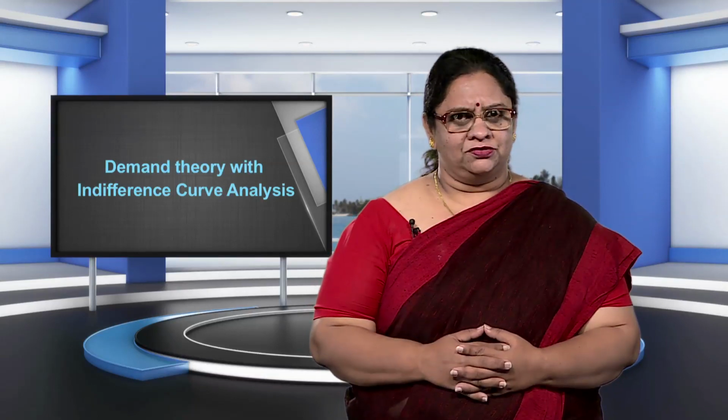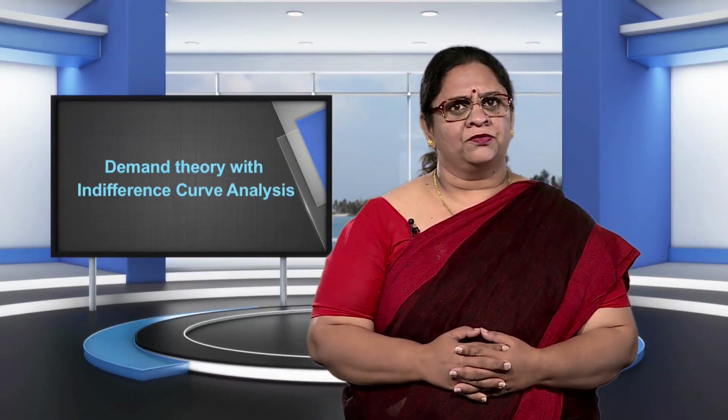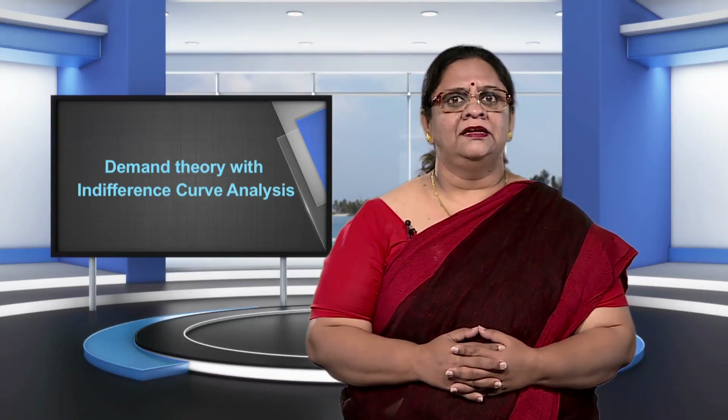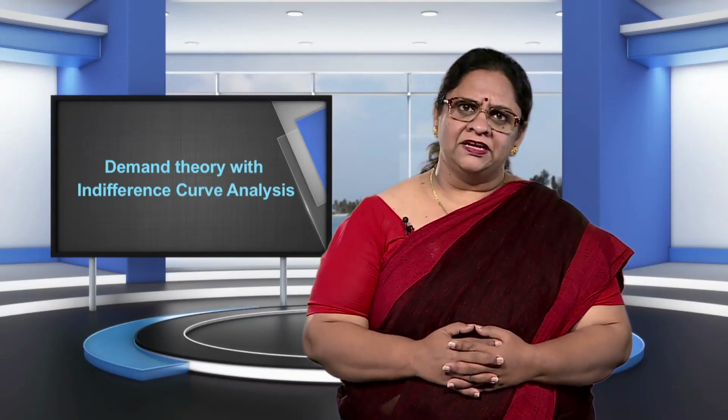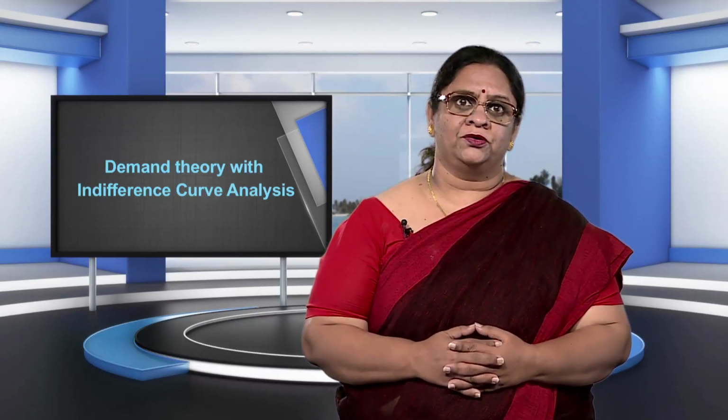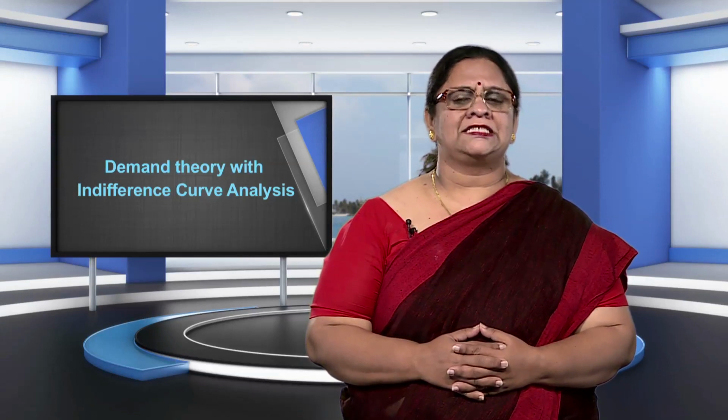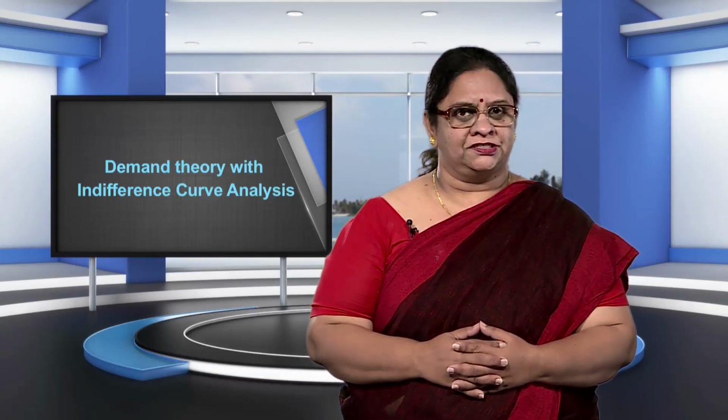In the last module, we discussed how Marshallian utility theory deals with this question. We saw how a severe limitation of the Marshallian approach is the assumption that satisfaction can be measured.